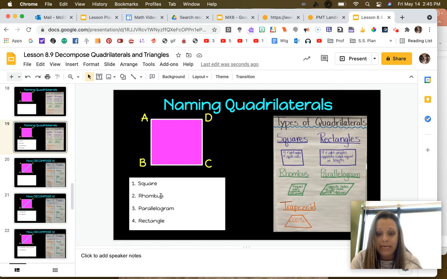It's also a rhombus. But wait a minute, there's more. It's also a parallelogram because the opposite sides are parallel. And it has another name. It's also a rectangle because it has 4 right angles and the opposite sides are equal in length. So this square has 4 names. So if we're thinking about first, middle, and last names, it's got 2 middle names. You could call this square, rhombus, parallelogram, rectangle.